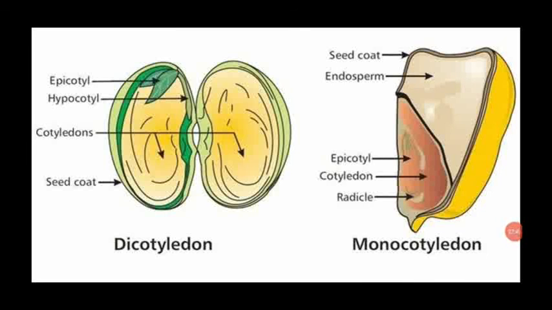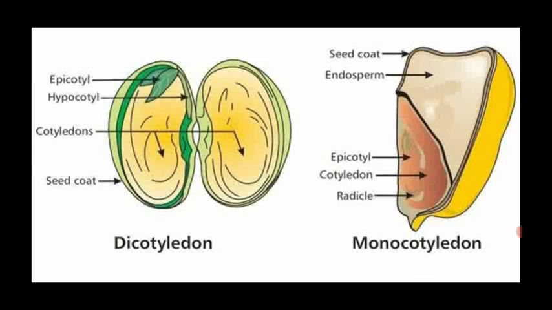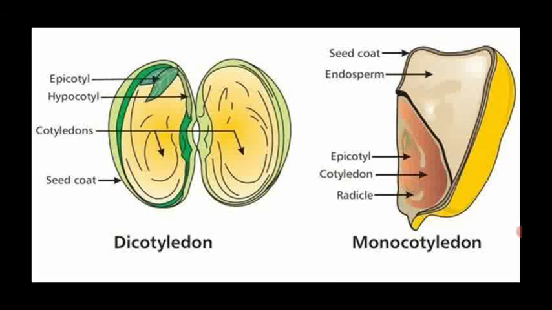Dear students, I hope you all have understood what a seed is. There are two types of seed, that is monocot seed and dicot seed. What are the variations shown between the dicot seed and the Oryza sativa seed? The dicot seed has two cotyledons. Oryza sativa has only one cotyledon named as scutellum.